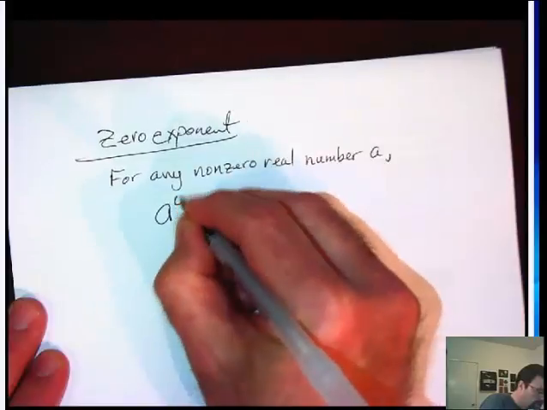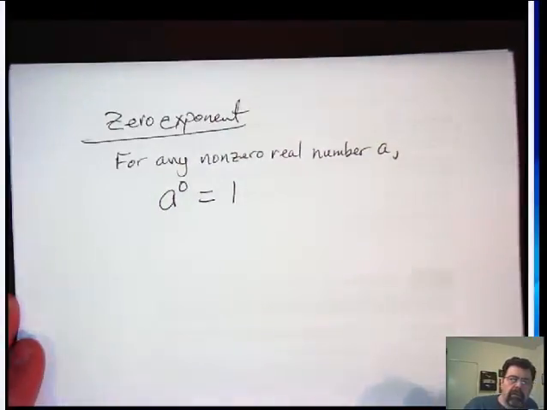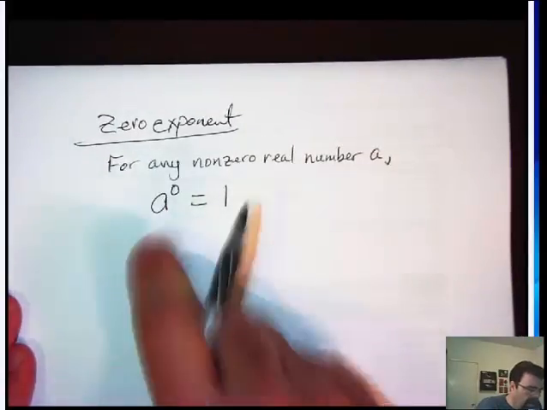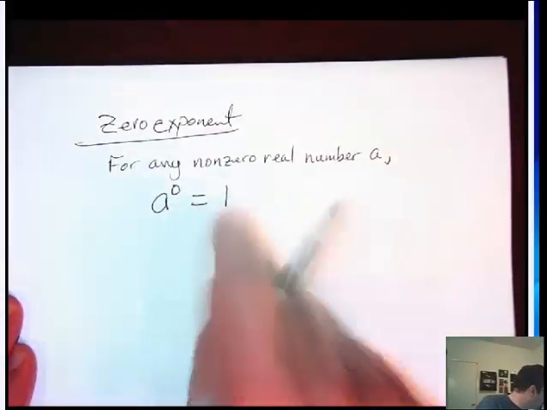Again, any number to the 0 power is defined to be 1. Okay, not 0, just 1. So it doesn't matter what A is. It can be anything you want it to be. You raise it to the 0 power, you get 1.